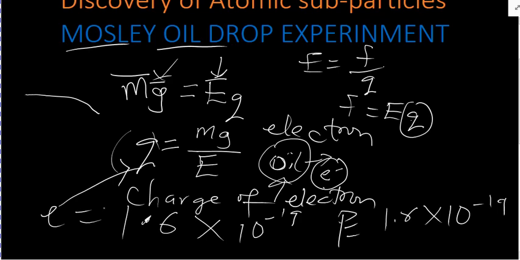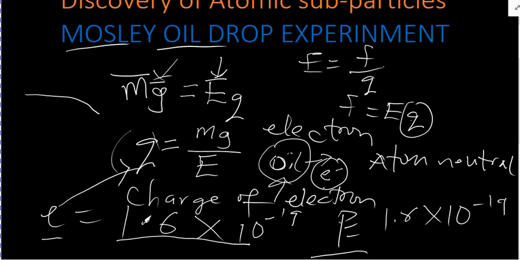The reason why the charge of the electron is equal to the charge of the proton is this: an atom in general is neutral. The only way an atom can be neutral is if the negative charge of the atom, which of course is the charge of the electron, is equal to the positive charge of the atom, because the only charge carriers in an atom are the electron and the proton.